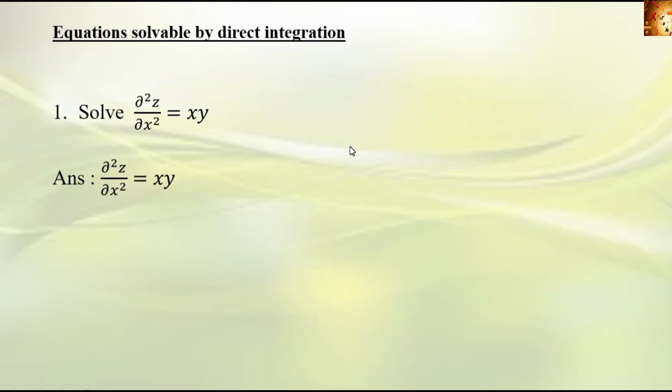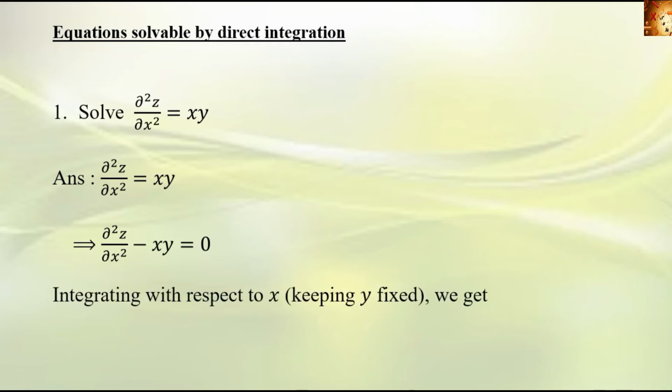Let's see. Here is the given equation, dou square z by dou x square equal to x into y. That is dou square z by dou x square minus xy equal to 0. Then I am going to integrate this expression with respect to x only because here the partial derivative is with respect to x. So keeping y as a constant, the integral of a second order derivative will give the first order derivative, that is dou z by dou x, minus the integral of x into y, with y as a constant.